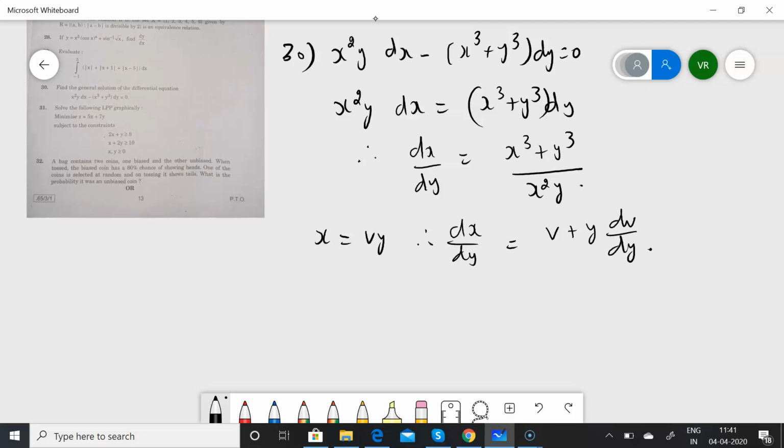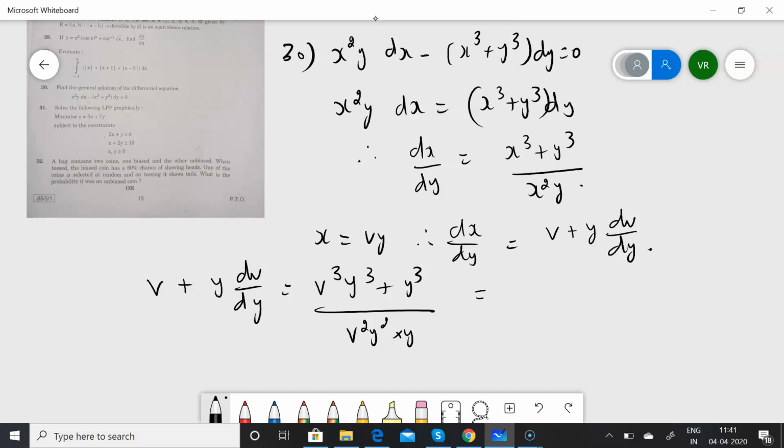Substituting, v plus y dv by dy is equal to, in the place of x I will put v cubed y cubed, plus y cubed, divided by v squared y squared into y. Now cancelling y cubed throughout, I will get v cubed plus 1 by v squared.